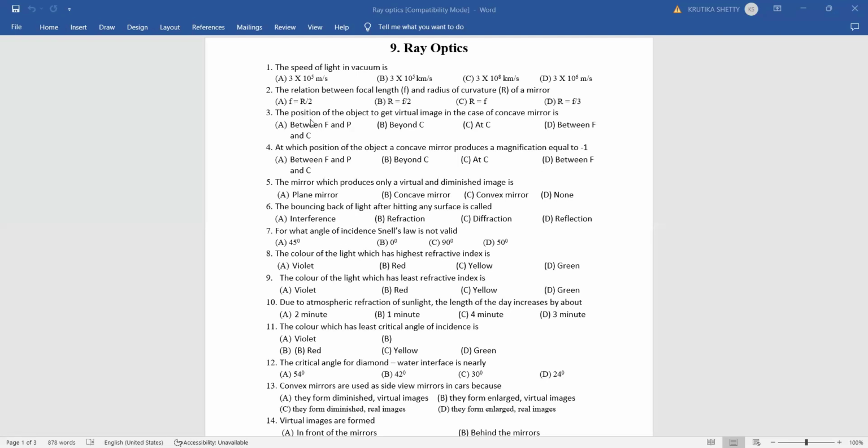Go for the third question, students. The position of the object to get the virtual image in case of the concave mirror is.